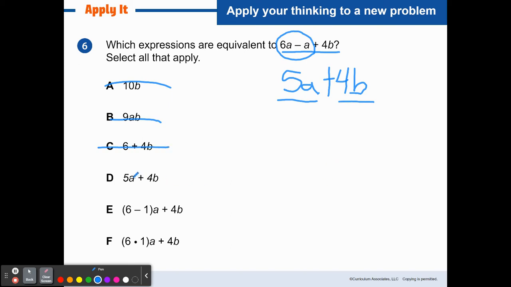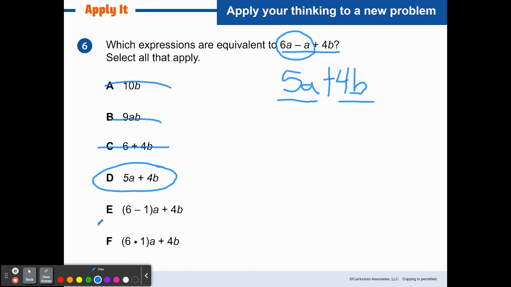D does have A and B and it has two terms, and then I need to look and say, okay, does A have a 5? Yes, it does. Does B have a 4? Yes, it does. So there is one of my equivalent expressions. Then I'm going to take a look at my other expressions that have more terms or more parts and see if I can simplify.